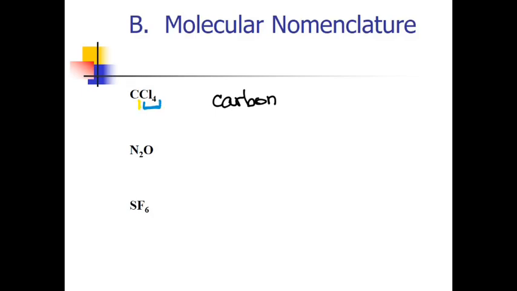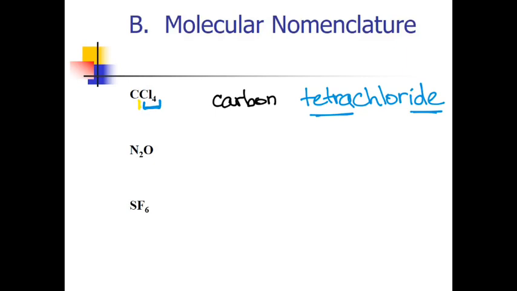So the prefix for 4 is tetra. And instead of writing chlorine, we said we changed the ending of the second element to ide, so it's tetrachloride. So our prefix, IDE ending, there you go, carbon tetrachloride.